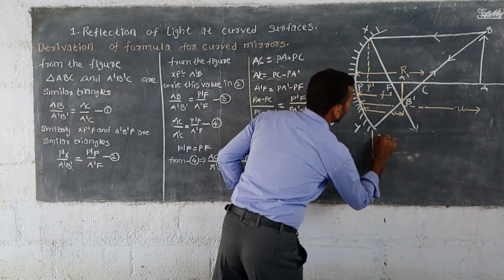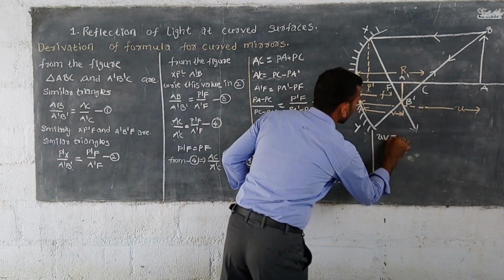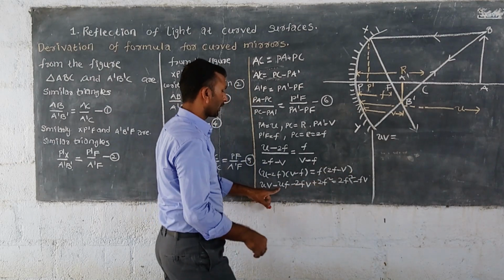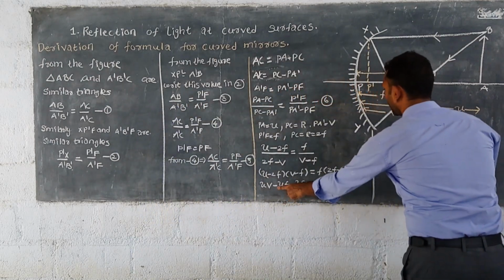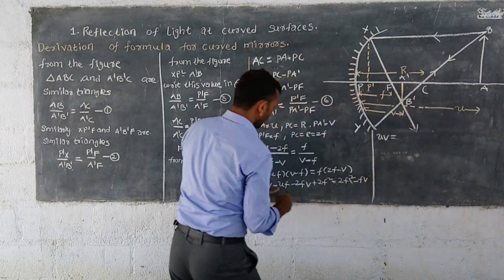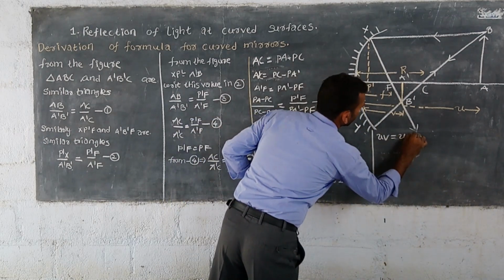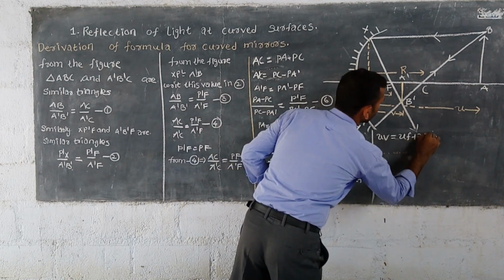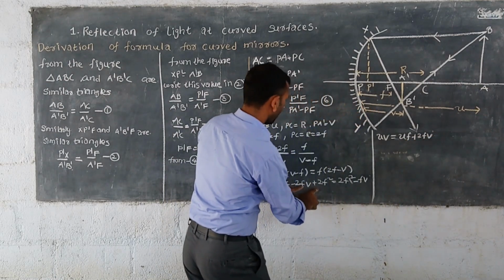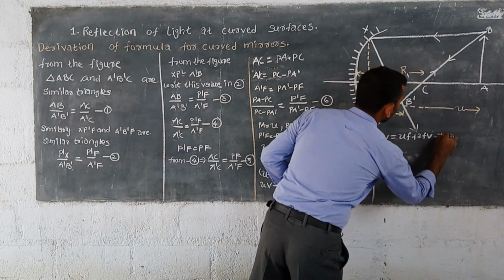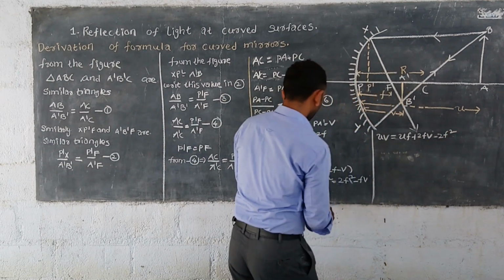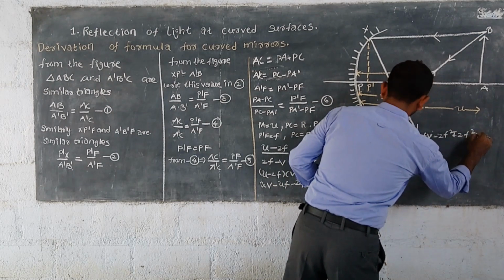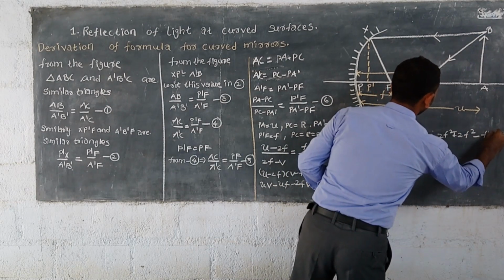We can write UV equals, taking all these values to the right side, plus UF, and minus 2FV becomes plus 2FV, and plus 2F square becomes minus 2F square. The other side is as usual, plus 2F square minus FV.